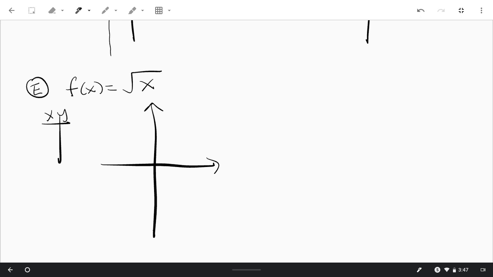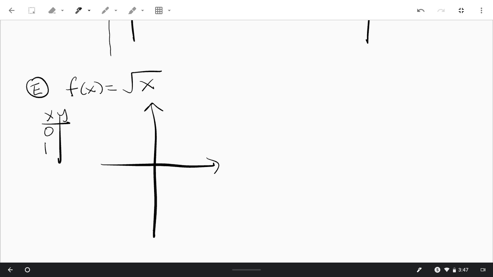And then this last one here, f of x equals square root x. Okay, so here I'm taking the square root. So we don't want to take the square root of a negative number because then we end up with imaginary. So 0 is still a good choice. 1 is a good choice. -1, not so much.